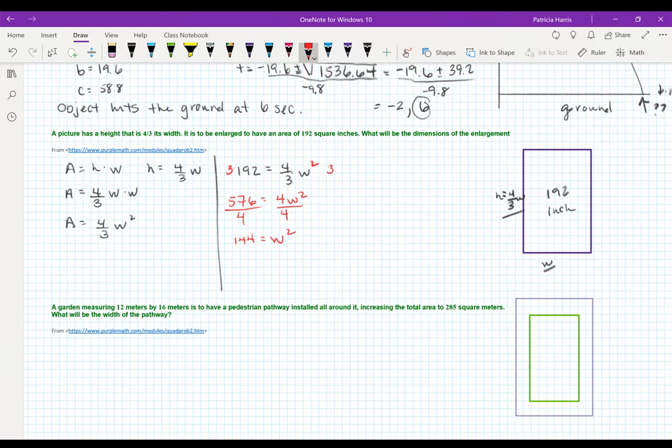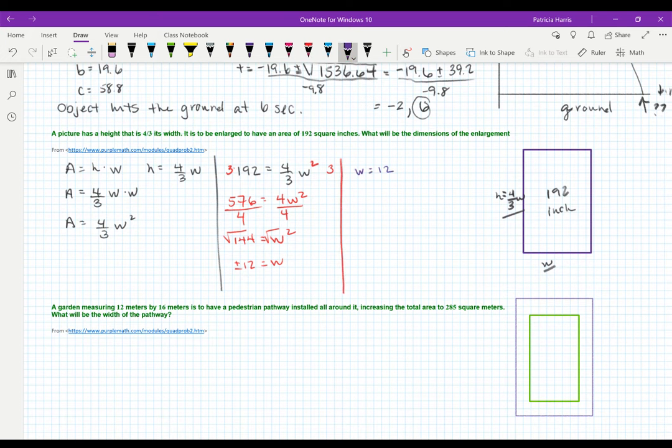Now, typically when we have a number equal to a square, we take the square root. And you guys are used to doing a positive and negative answer. So the square root of 144 is the positive or negative value of 12. Okay, since this is area, negative doesn't make sense. So we're only going to take the positive 12.